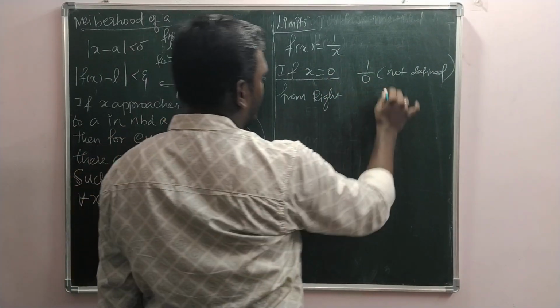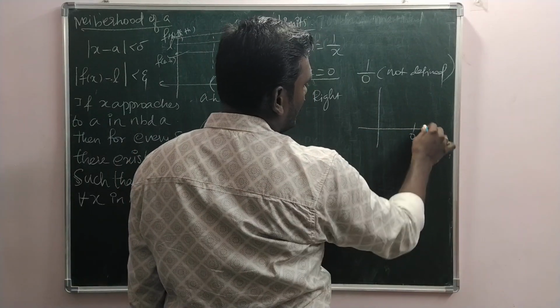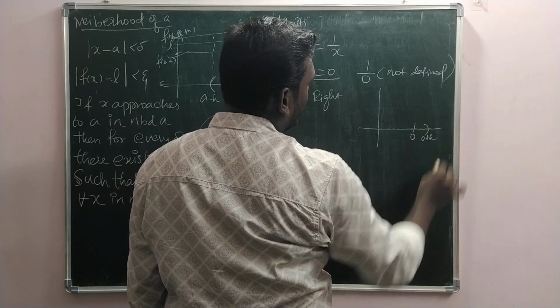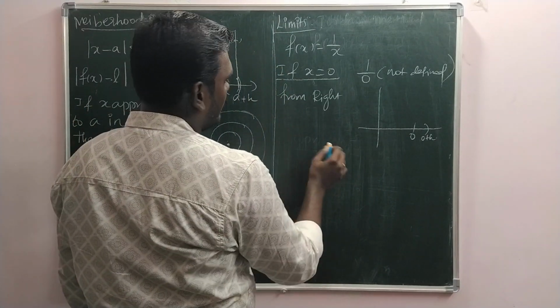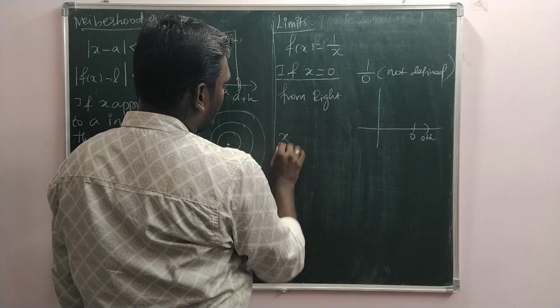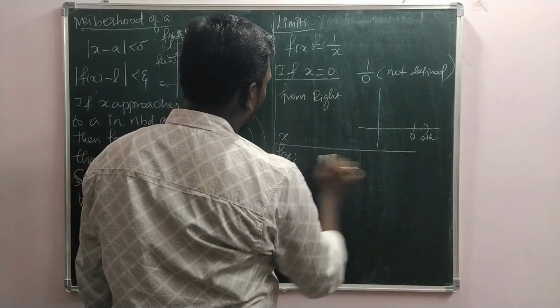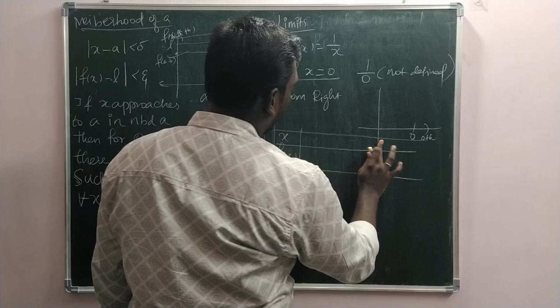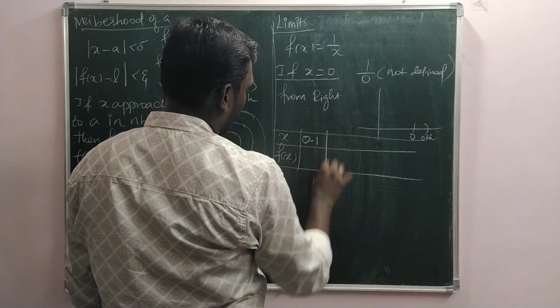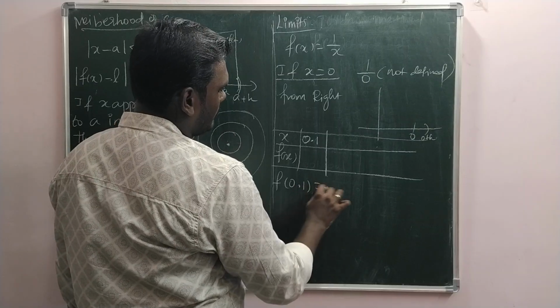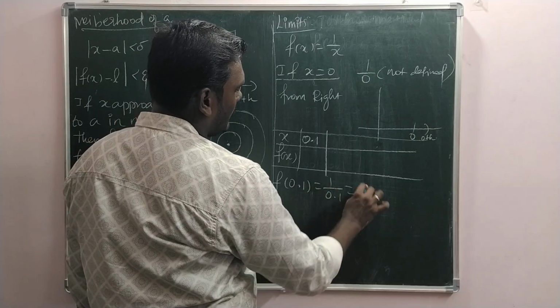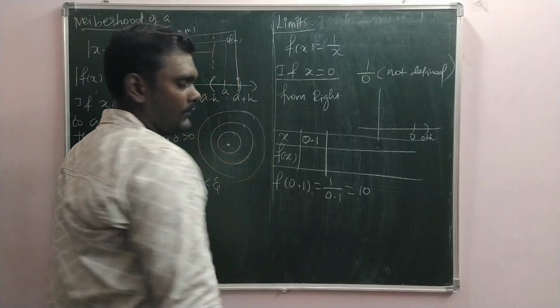So from the right side of 0, this is 0 plus h, one small quantity I told you to take. For this function, I take x as 0.1. Then f of 0.1 is 1 by 0.1, what is that? 10.